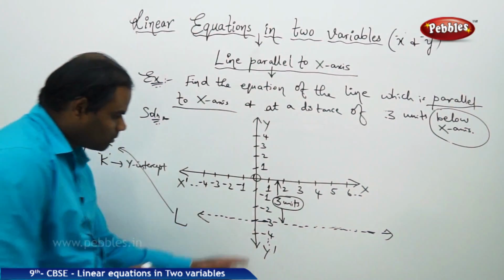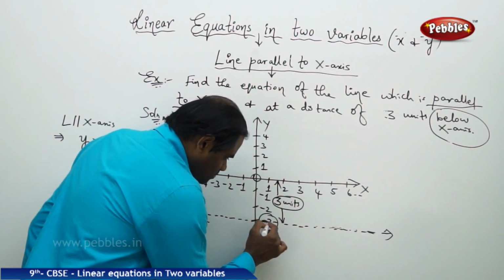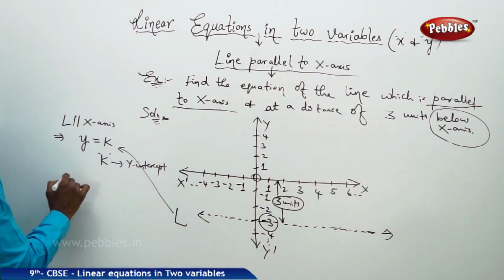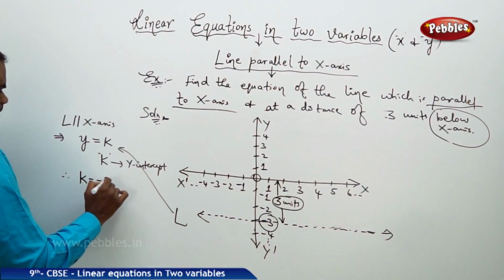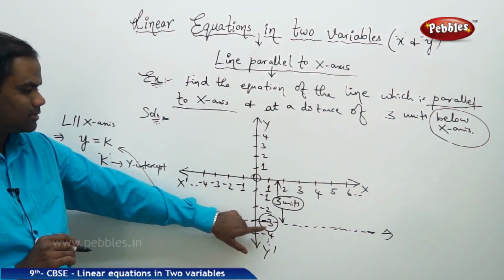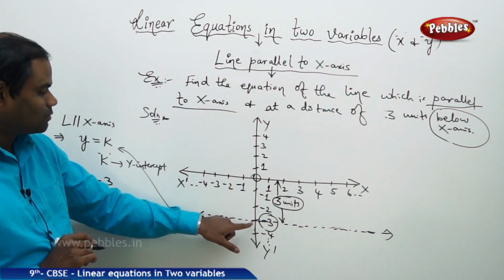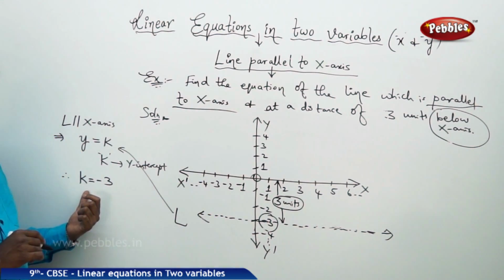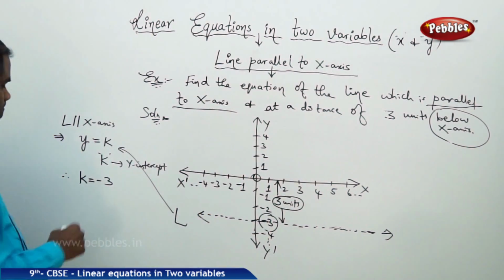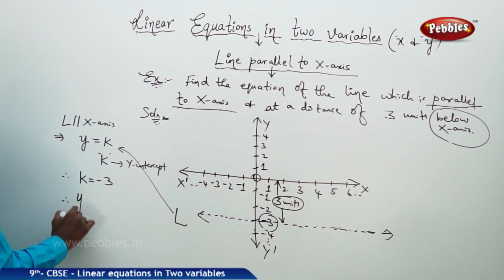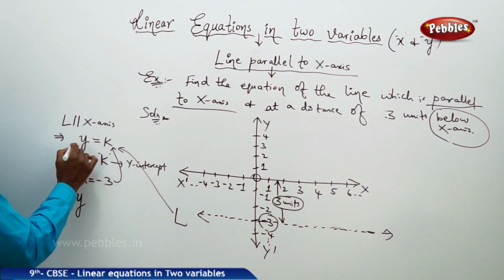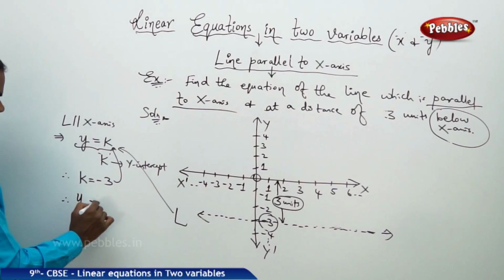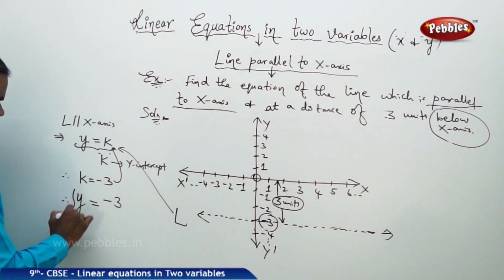Now as I know my y-intercept out here is -3, therefore k is -3. As clearly seen, my line cuts the y-axis at -3. So my value of the y-intercept, that is k, is -3. Therefore, substituting k equal to -3 into this form, I get y equals -3.